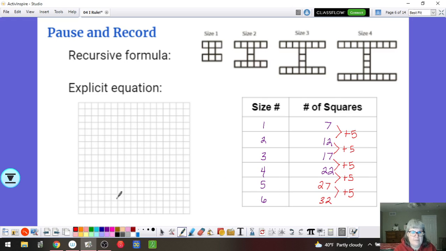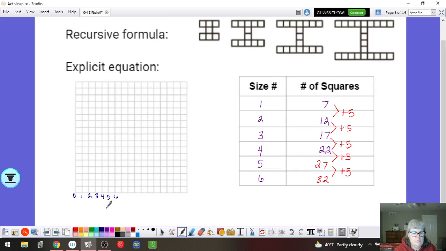If we graph this, I'm going to put my sizes across my x-axis. And I'm going to place the number of squares vertically.